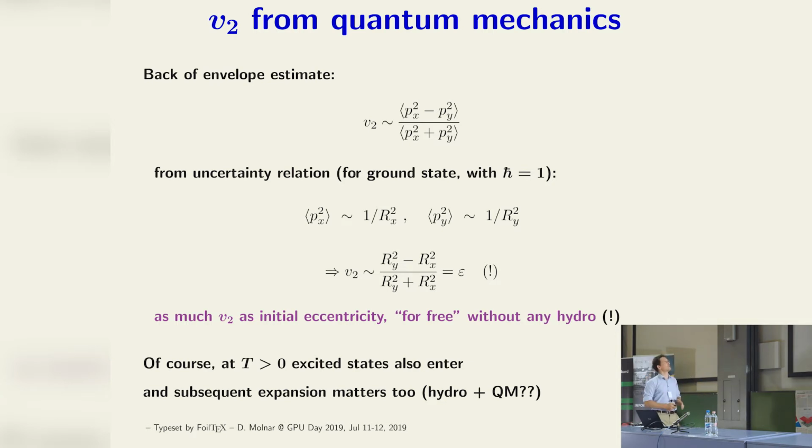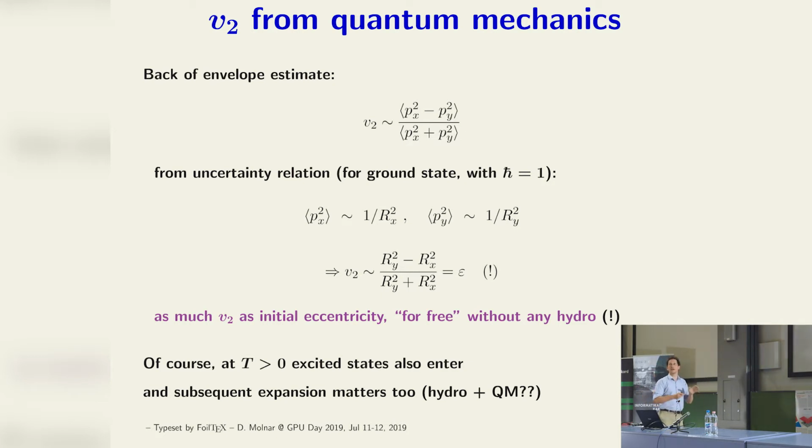In fact, they're inversely related. So the dispersion in the x direction is the inverse of the dispersion in the coordinate x direction, and the same for the y direction. It's missing, it's the wrong subscript. So in the end, you plug in the spatial dispersions instead of the momentum dispersions, do 2 lines of algebra, and you find that V2 is as large as the initial coordinate space eccentricity, which is 30%, huge.